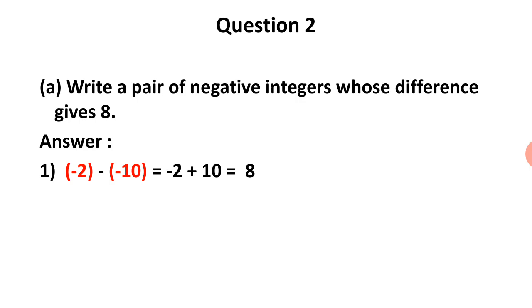But another condition that is given here is both the integers should be negative. So we have selected -2 and -10. When you solve it, you will see that the answer is 8. This is another set of integers that gives the difference to be 8 and both are negative. -7 and -15.